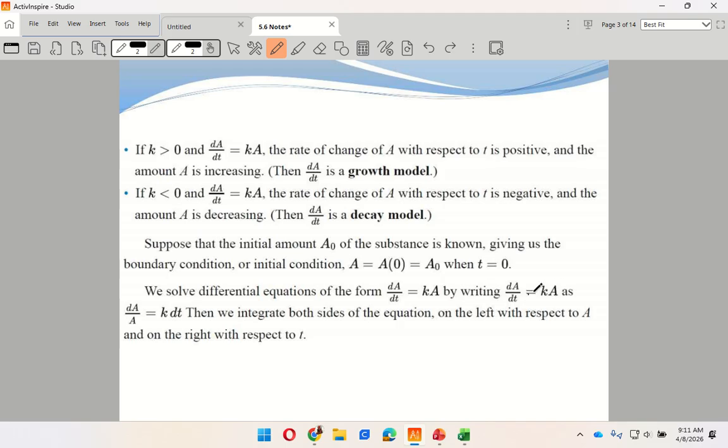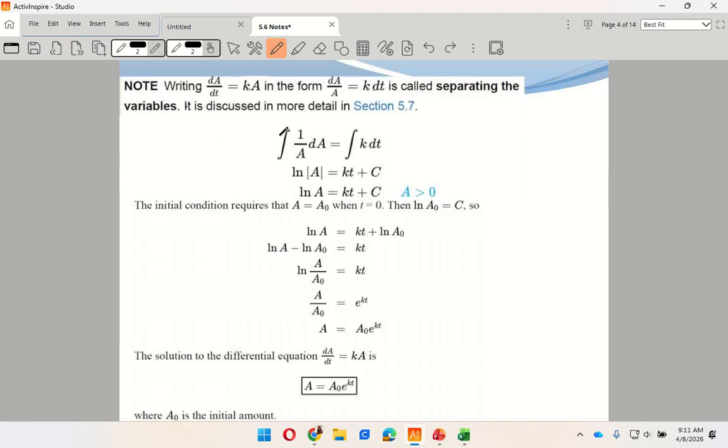So I'm going to start by writing dA/dt is equal to k times A. And here's the step-by-step on actually changing it from the derivative model all the way into the formula. So we don't have to know how to do this all the way down, but it is good because we start off with the derivative.